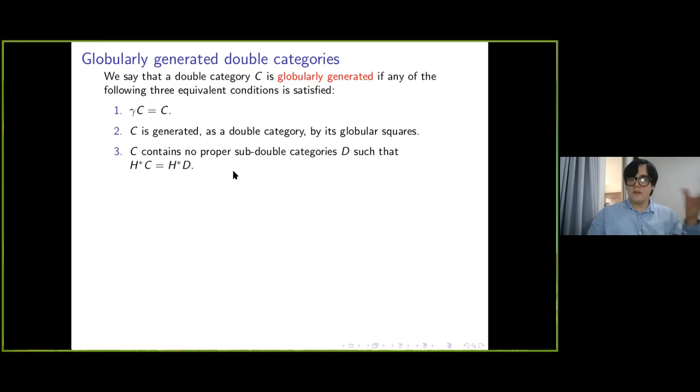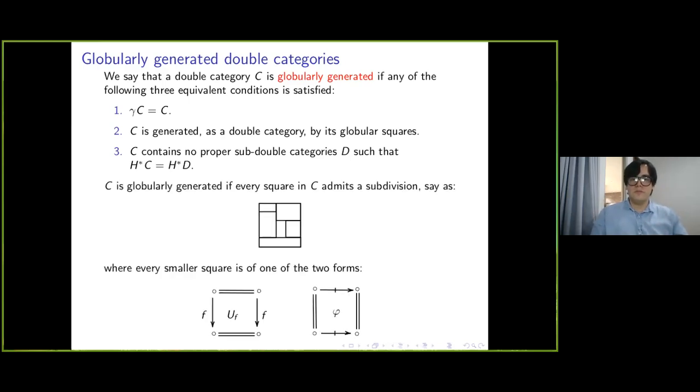So every double category C is a solution to the internalization problem of its decorated horizontalization. Globularly generated categories are the minimal solutions. These are the double categories such that there's no proper sub-double category that is also a solution. So yeah, these are very good.